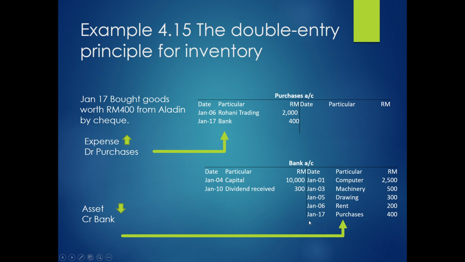In bank account, in the credit side, you can see here the transaction on the January 17, there is an amount of 400 ringgit due to the purchase made from Aladdin. Okay, so you just record it as purchases, 400 ringgit, because this is the purchase made by check.